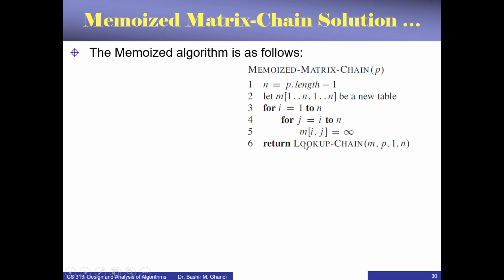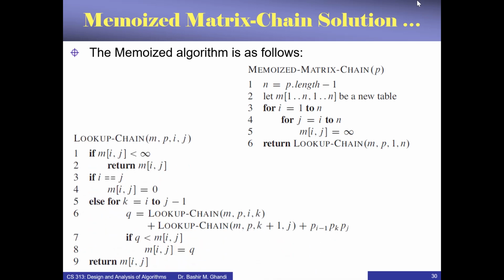Alright, now let's look at the lookup chain algorithm, and you see that it is a very minor modification to the recursive algorithm that we saw in the last slide. So here it receives 4 arguments, m, p, i, and j.